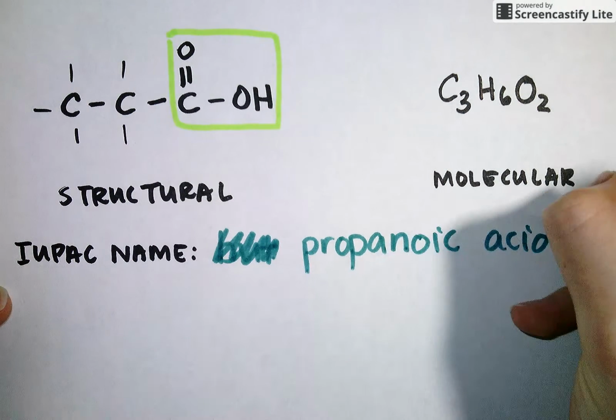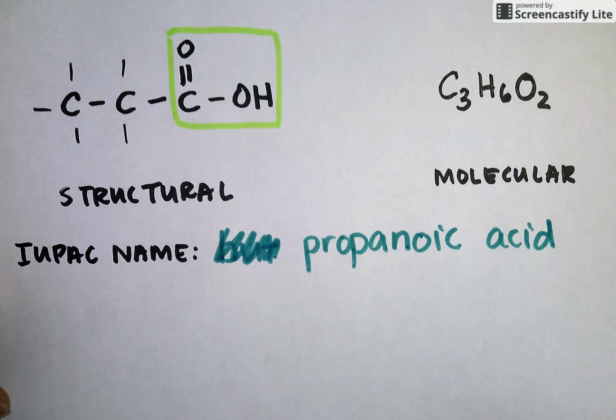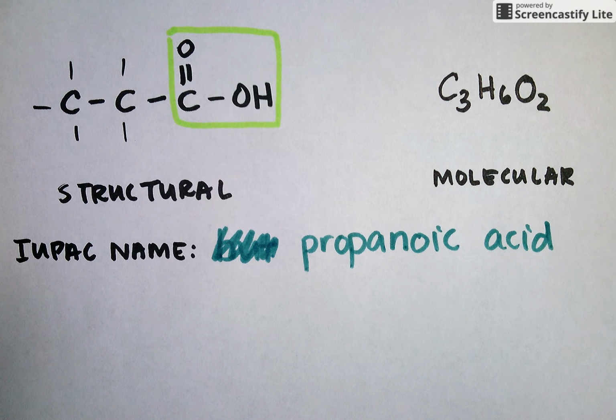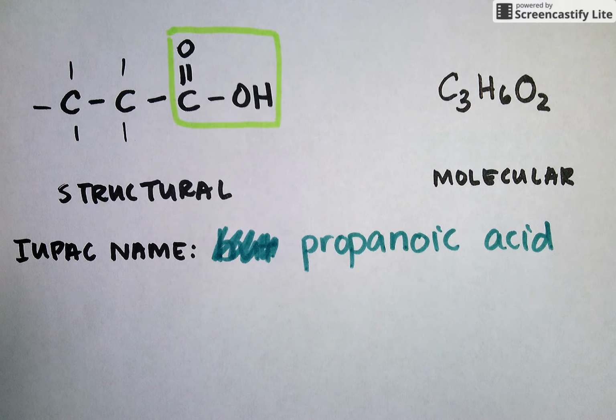So this particular molecule is representative of propanoic acid. I can draw an isomer of propanoic acid by rearranging its atoms in a very unique way, because I can't just sort of toss this carbon right up here or anything like that, because that still keeps it as propanoic acid. What I'm actually going to do is switch around the functional group so that I have a different class of organic molecule to work with and to name.